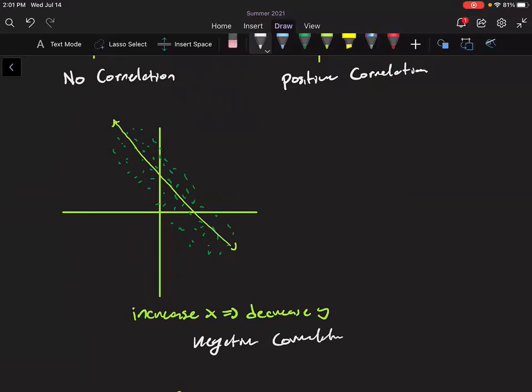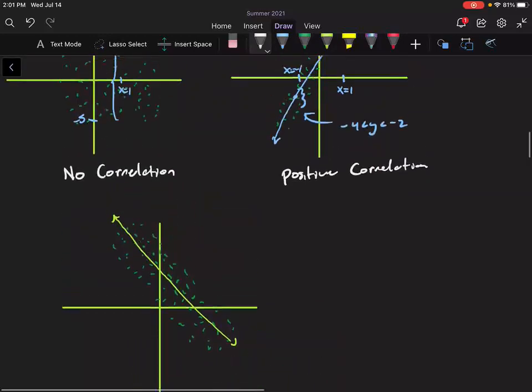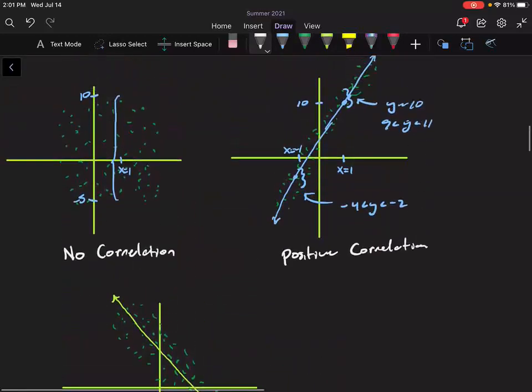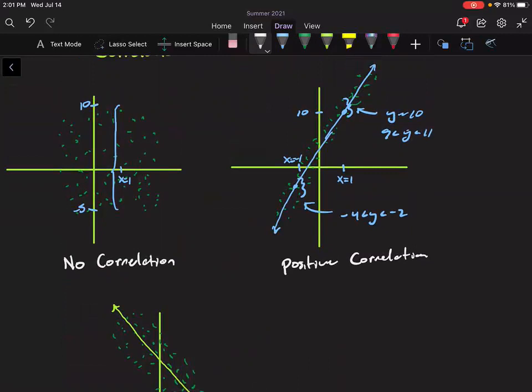Now here we're actually a little more weakly correlated, but still correlated nonetheless, because we can make this line of best fit. But because the data is a little bit more spread out, it's harder to predict what y is based off of knowing what x is. Unlike above on our positive correlation, where our y's are much closer together.